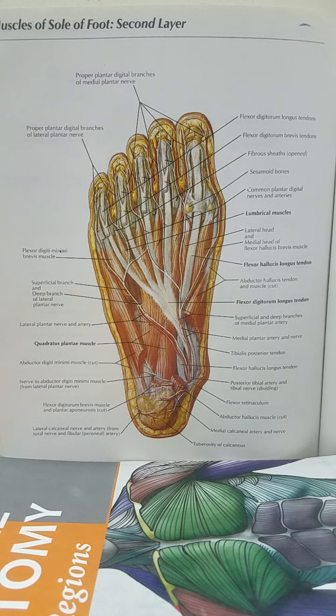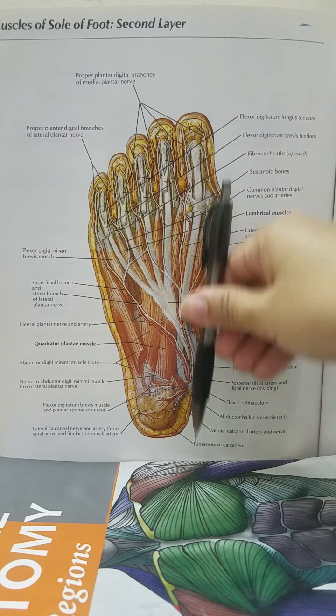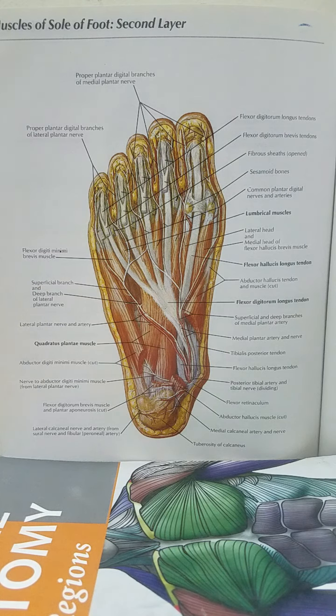In addition to that, it also brings about a weak plantar flexion at the ankle joint, and along with that, it supports the medial longitudinal arch of the foot. We'll talk about the arches of the foot in detail when we actually do the foot, but a function of this Flexor Hallucis Longus is to maintain the medial longitudinal arch. So it is an arch on the medial side of the foot which is given support by the Flexor Hallucis Longus muscle.